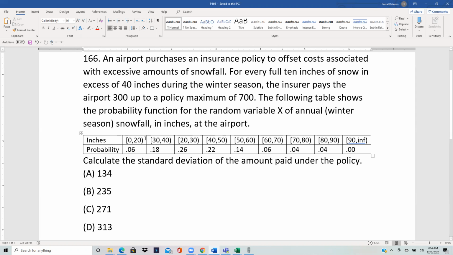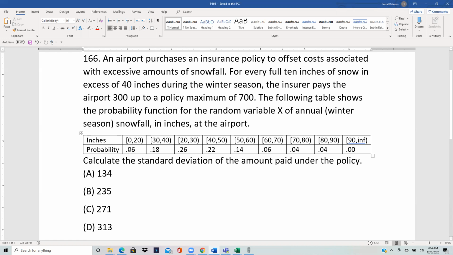So we can combine these four intervals into one: as long as the snowfall is between 0 and 50 inches, the payment is 0, so these four can be lumped together into a total probability.